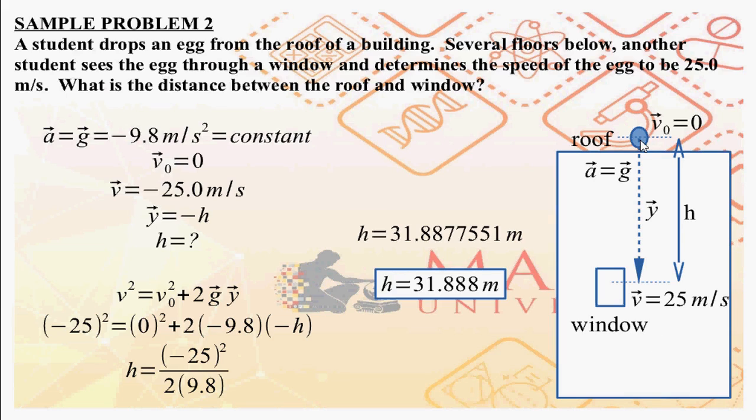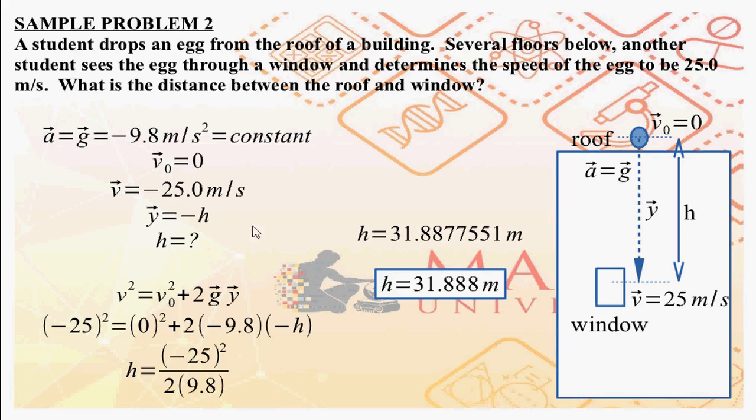So the egg is still undergoing uniform acceleration, free fall motion. Once again, you have 4 equations to choose from to analyze the problem. One equation is v squared is equal to v naught squared plus 2gy.